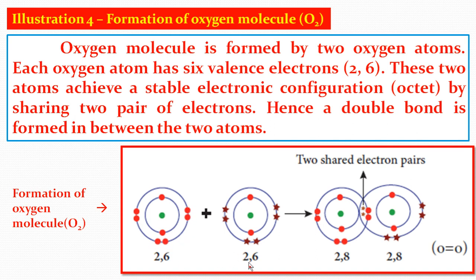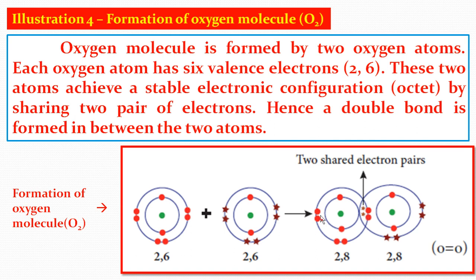And this oxygen atom also contains 6 electrons in the valence shell: 1, 2, 3, 4, 5, 6. So both oxygen atoms need 2 more electrons to complete the stable octet electronic configuration. So both the atoms share 2 electrons.